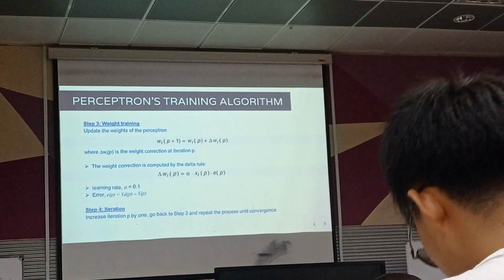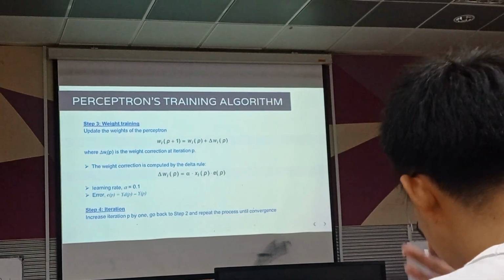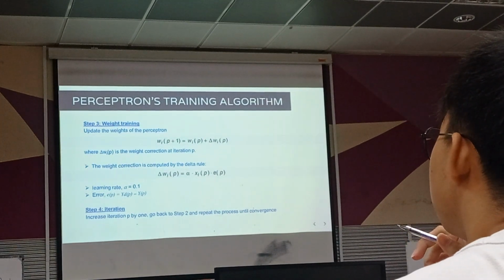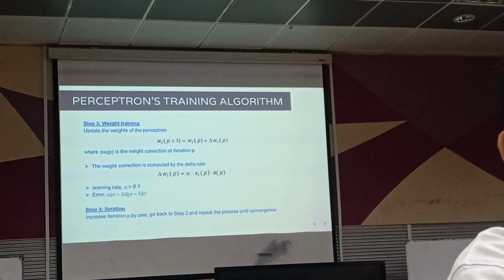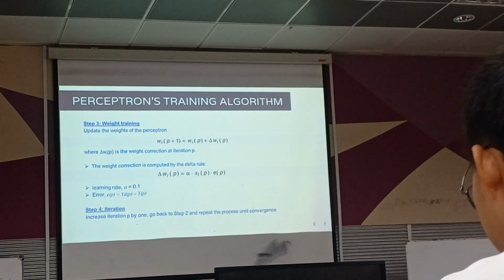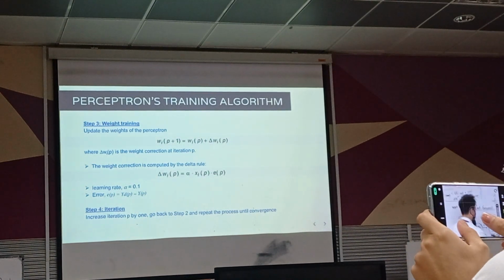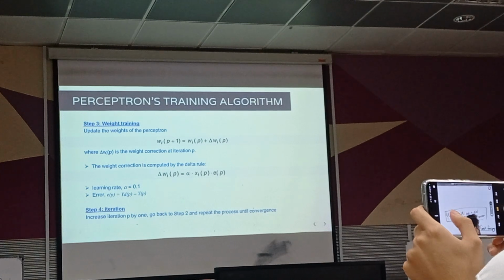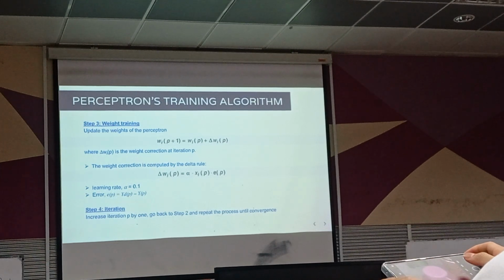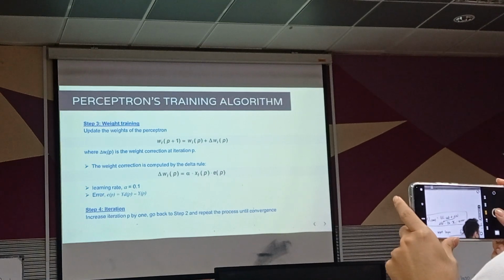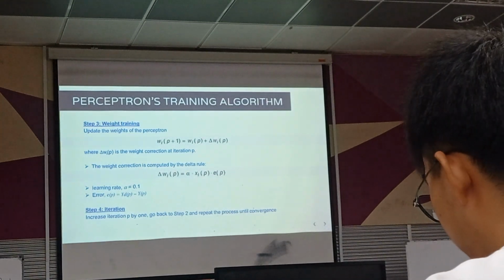I repeat what happens during the training process. First iteration, we have input, randomly assigned W1, W2, multiply this value, sum up together, get some weighted sum. This weighted sum here is compared to the threshold value. If more than, assign 1, less than, assign 0. More than, so assign 1. So the 1 here is the predicted Y. This predicted Y is compared with the actual value, and we get some errors.